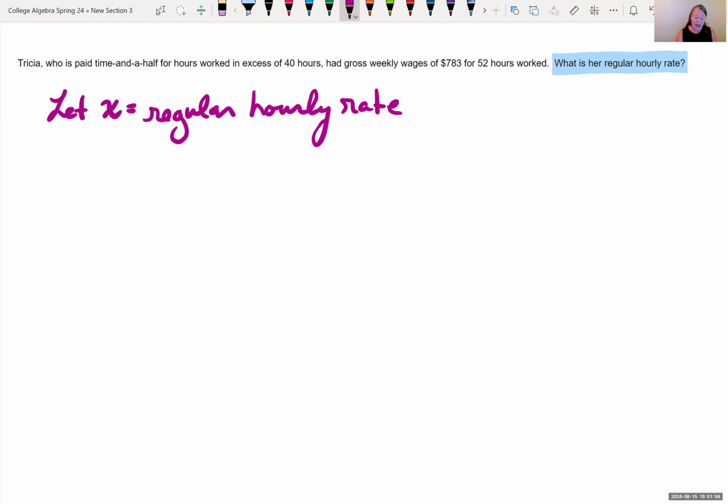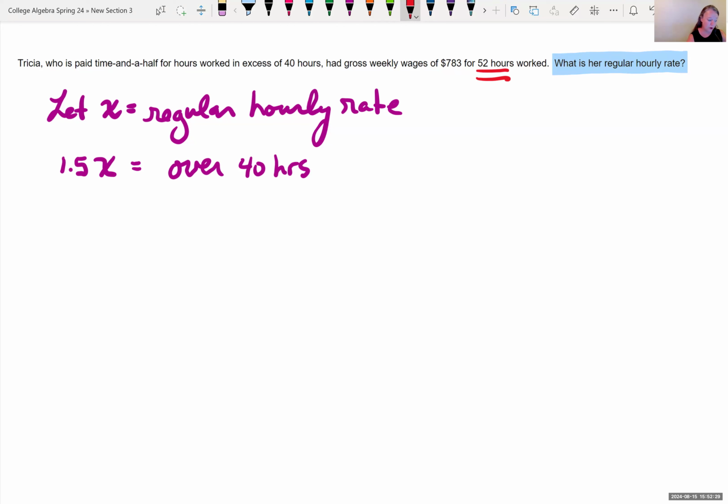And so we know that time and a half is what she's getting. So 1.5 times her normal rate is what she earns for hours over 40. We know that she's worked a total of 52 hours.